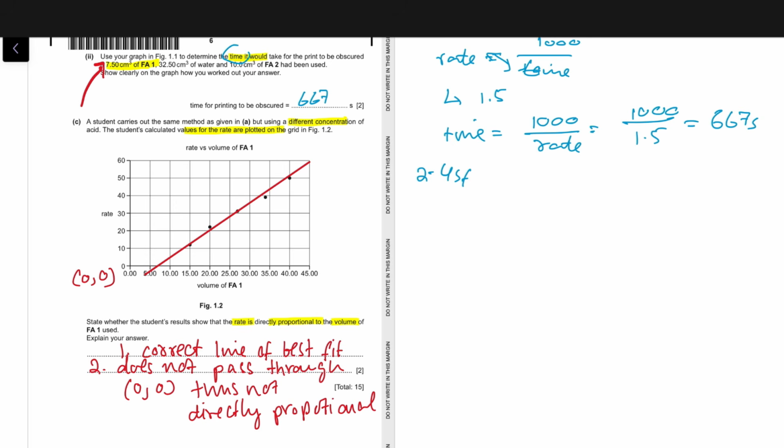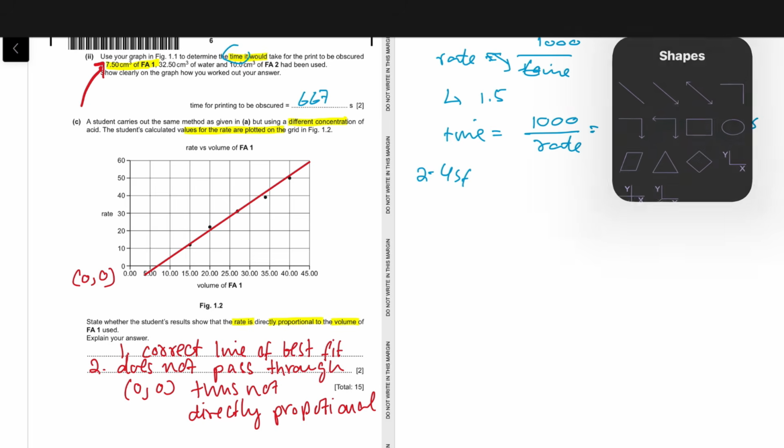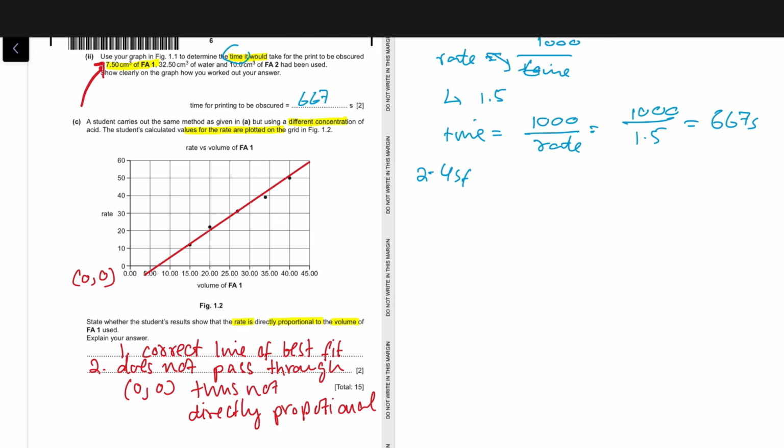Now, if you thought that the line of best fit does not look like mine and does actually pass through the origin, so let's say the line of best fit was actually like this. Oh, see, I'm not good with lines, but yeah. Then in your case, you could write the correct line of best fit.